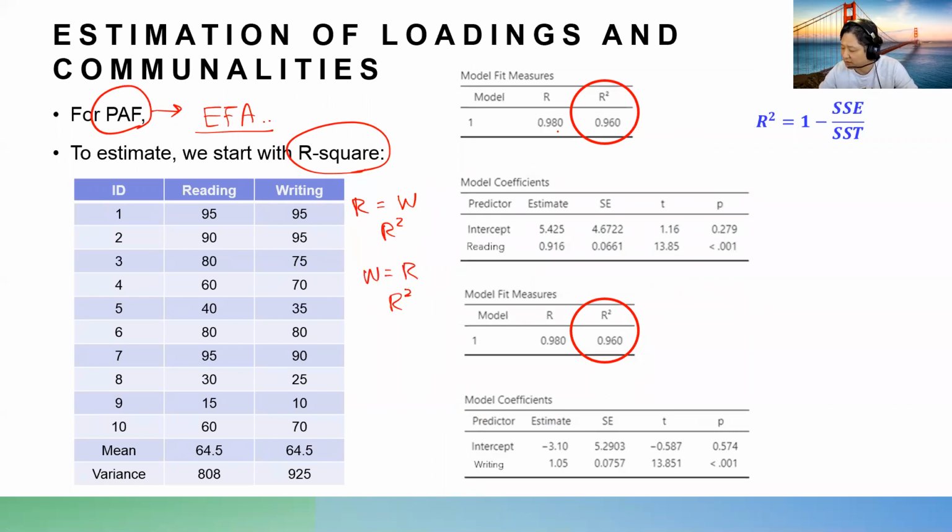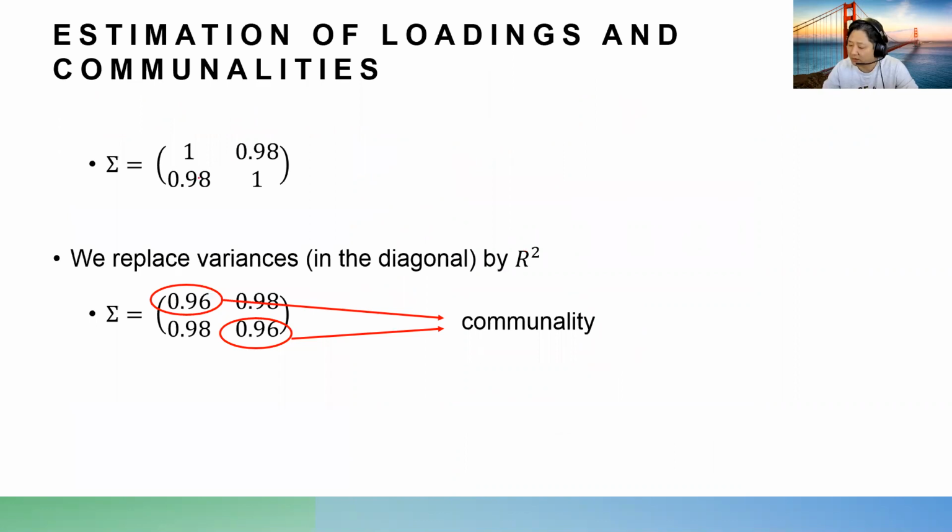We replace the 1s in the diagonal with these R squares. Then we use this as the initial correlation matrix to estimate the loadings and residuals.